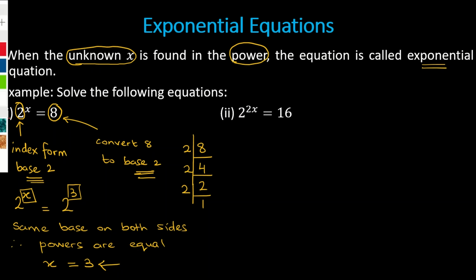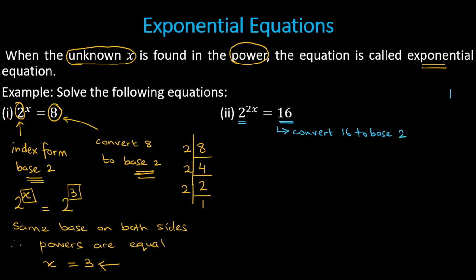Let us see the second part. Here we have 2 to the power of 2x equal to 16. Again, let us identify the base on the left hand side. The base is 2. So we have to convert 16 to base 2 as well.